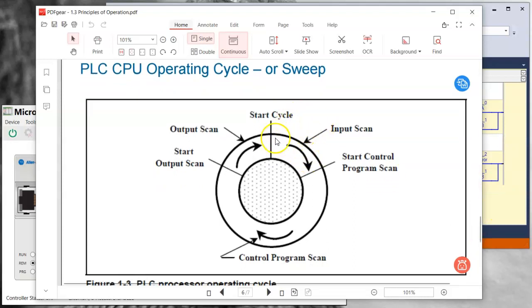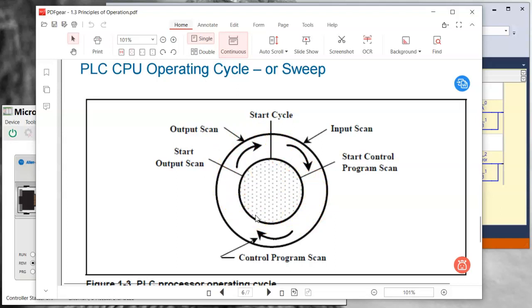At the top of the sweep, the first thing we do is scan the inputs coming from the field, or the inputs in the input table. Then we go into solving the logic. And in the last part of the sweep, we write to the outputs. And then we repeat this cycle over and over again.